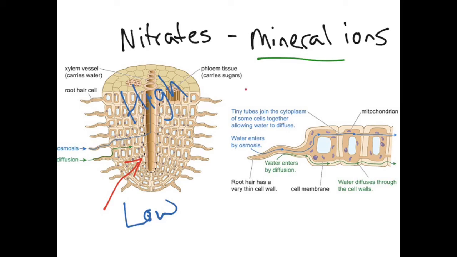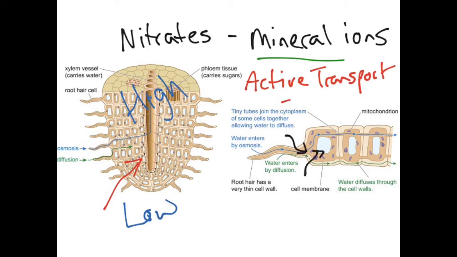So the only way that the plant cells can get these in is through active transport, and that is why the cells need tons of mitochondria, so they've got enough energy to do active transport. They grab these mineral ions from the soil, and then these diffuse through the plant till they get into the xylem.